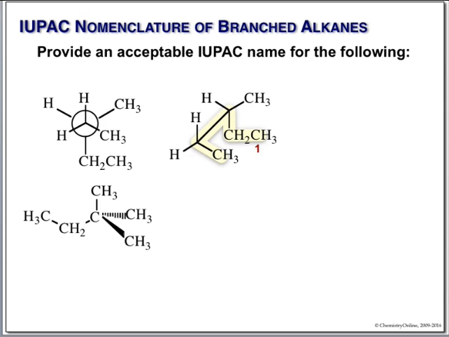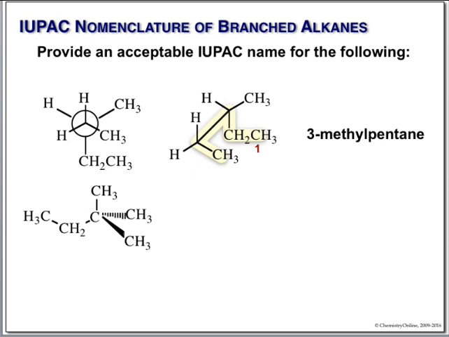We have 5 carbons. 5 is pent. So what's a pentane? Now what's attached to our pentane? A methyl group. And where is it attached? Carbon 3. 3-methyl pentane.